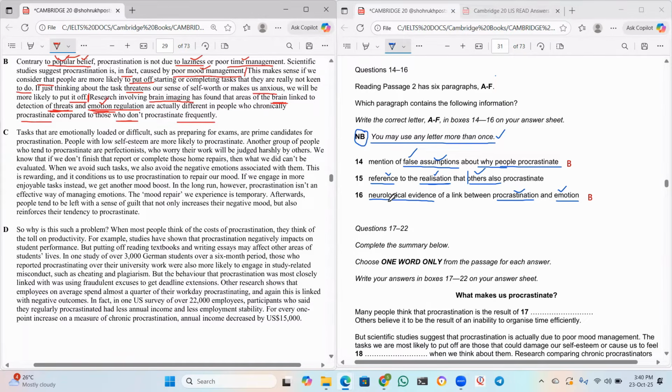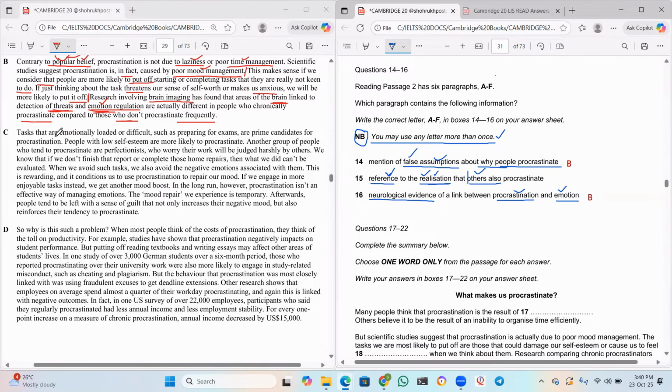Now we have only one statement: a reference to the realization that others also procrastinate. We have to look for some realization or some reference to that. Okay, so let's keep reading. You have to keep this question at the back of your mind: a reference to realization that others also procrastinate.